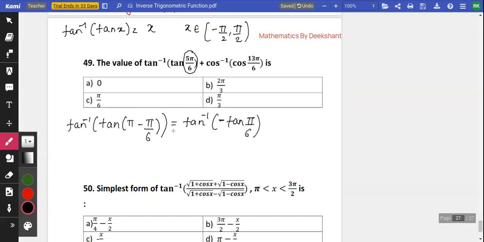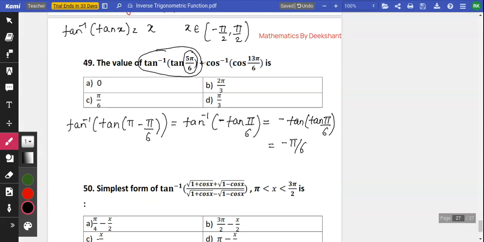The negative sign is here because tan of pi minus pi by 6 is minus tan pi by 6. Pi by 6 is lying in the range of minus pi by 2 to plus pi by 2. So it becomes minus pi by 6. The value of this term is minus pi by 6.